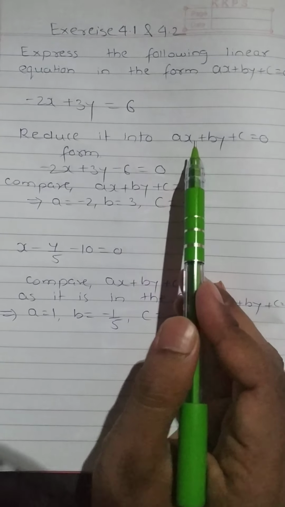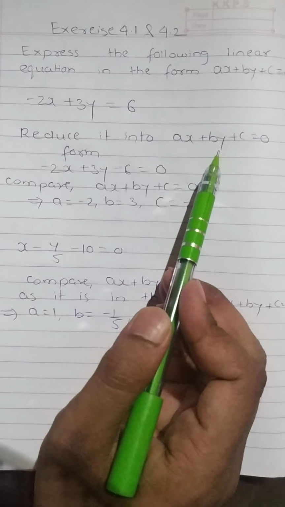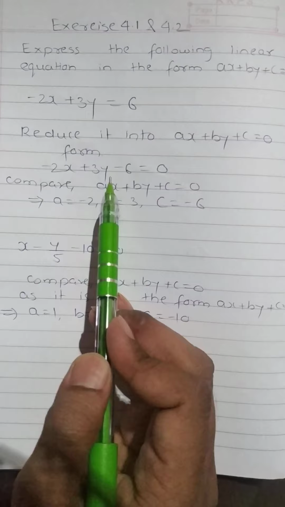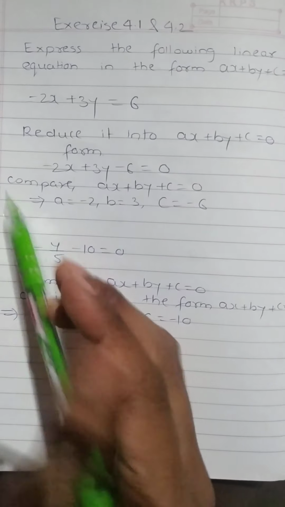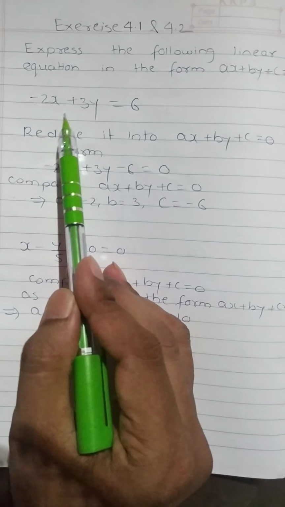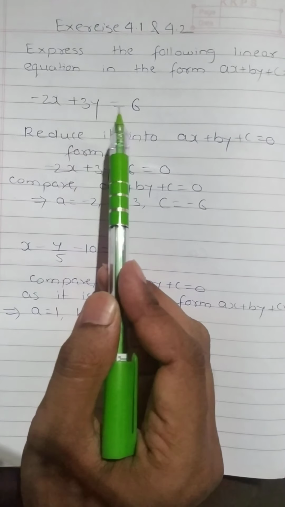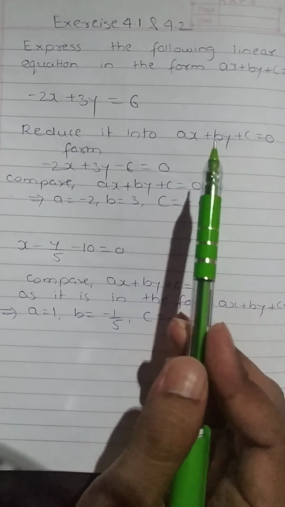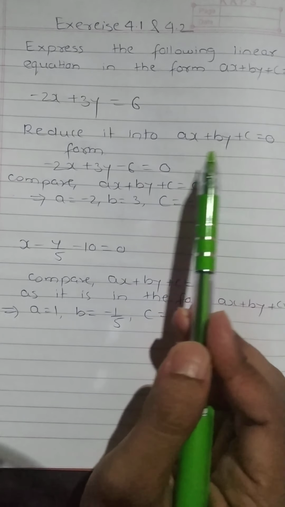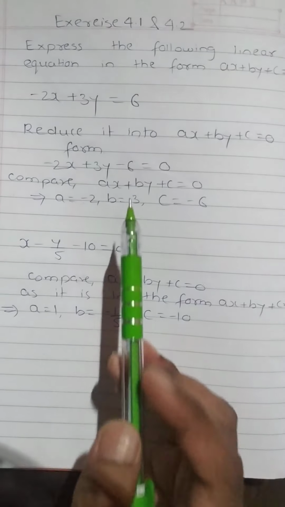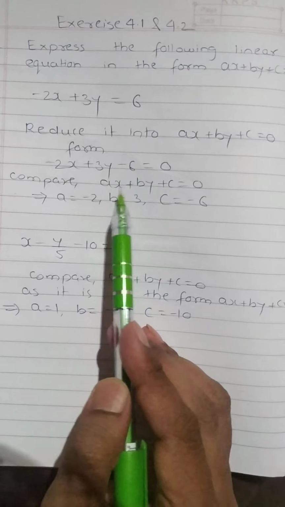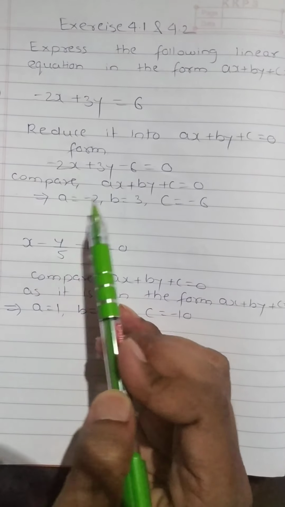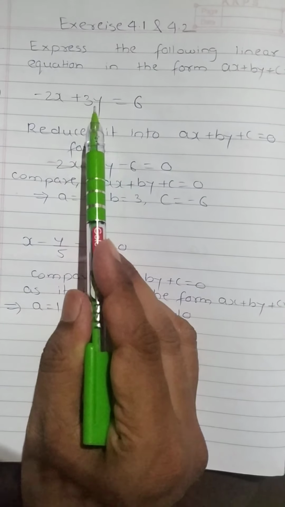So if it is not in this form, we have to reduce it into this form and then compare. Always keep in mind that whenever the given equation is not in the form ax + by + c = 0, we have to reduce it into this form and then find the values of a, b and c respectively. So here we have -2x + 3y.